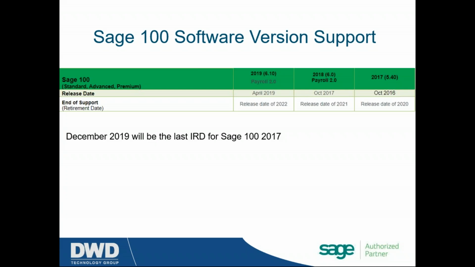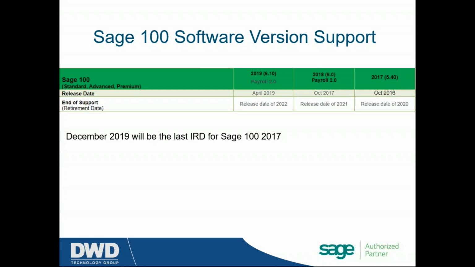After this date, as you can see here, this will be the last time we can get the IRD for that. There will be no more program fixes, hot fixes, anything like that released for that version or prior versions. So that's what that means when we say supported.